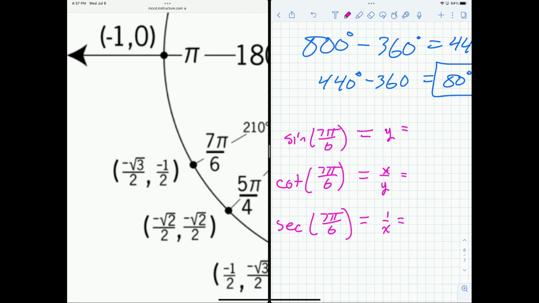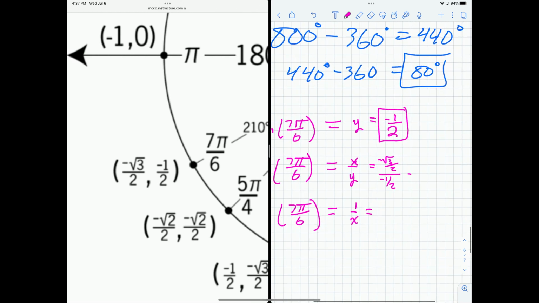The y value is negative 1/2, so that's the sine. The cotangent is x over y, so that's negative root 3 over 2 over negative 1/2. You work that out: the 2's cancel, the negatives cancel, and you get square root 3.